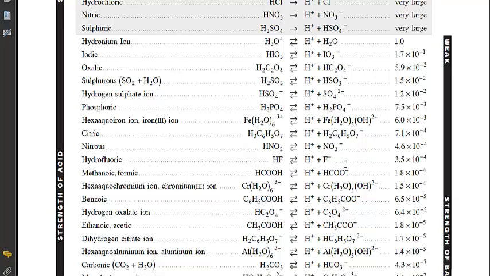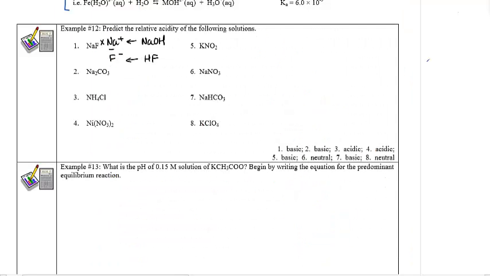What this means is that the fluorine ion is going to want to react with water. So going back to our analysis over here, we see that the sodium ion, because it comes from a strong base, will no longer want to further react with water. However, the fluorine ion, because it comes from a weak acid, is going to want to react with water.